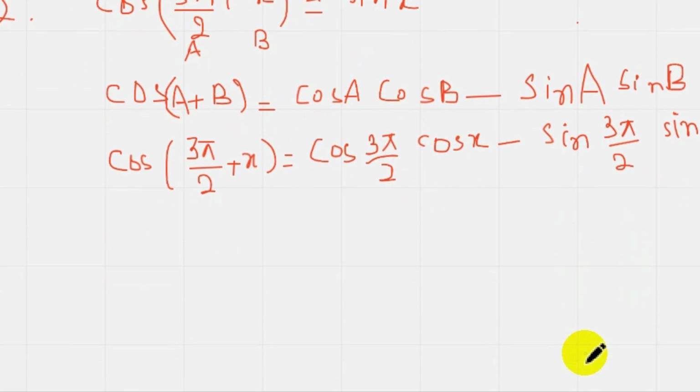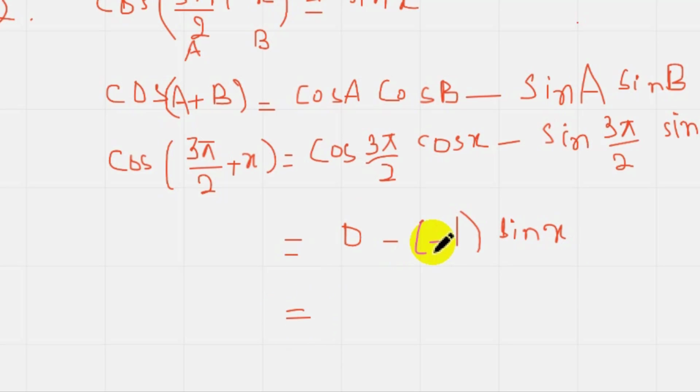Okay, let's see now. This is pretty simple, as cos 3 pi over 2, which means cos 270 degrees, is 0. So 0 times cos of x is again 0. Minus sine 3 pi over 2, which is minus 1. So minus 1 into sine of x. We don't need the 0 there, because 0 minus or plus something is again that thing.